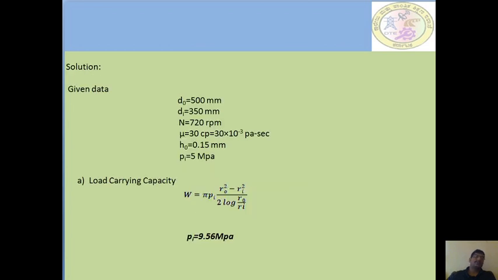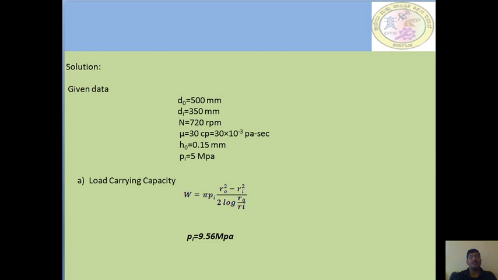Solution. Just note down the given values with respect to the notations: D naught is 500, Di is 350, N is 720 RPM, and mu is 30 centipoise. The load carrying capacity equation is given by pi into Pi into R naught square minus Ri square, divided by 2 log R naught by Ri.